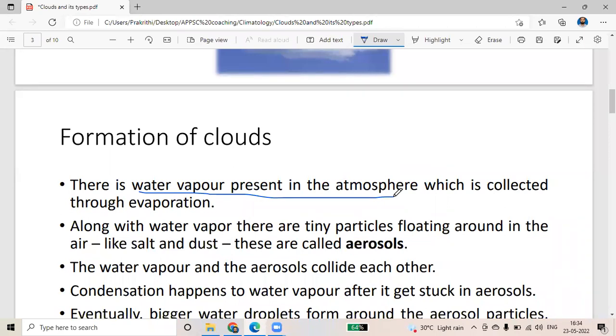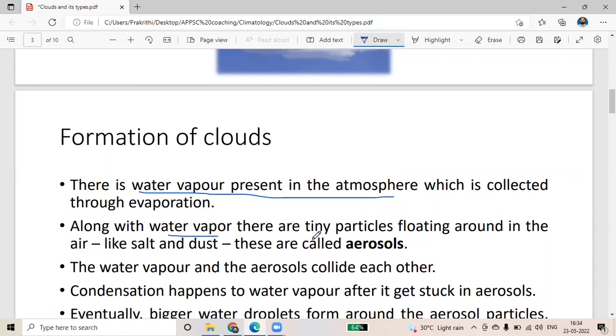Due to insolation, incoming solar radiation, there will be a process called evaporation. If it is transferring through some object like plants, we can say it is evapotranspiration. So water from the water body is taken to the atmosphere in the form of gas, that we call water vapor. Even if we look at the sky, we can't see it, but there is water in the form of water vapor present in the atmosphere.